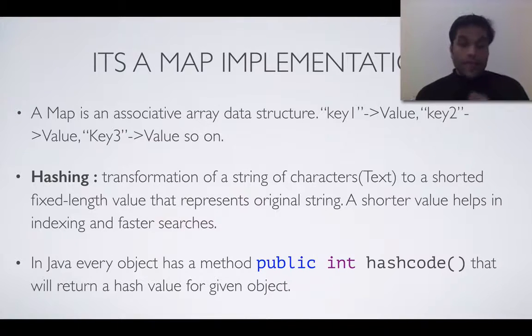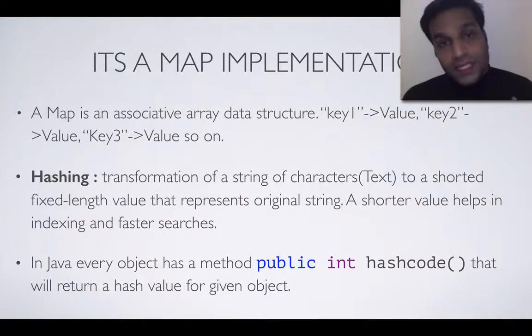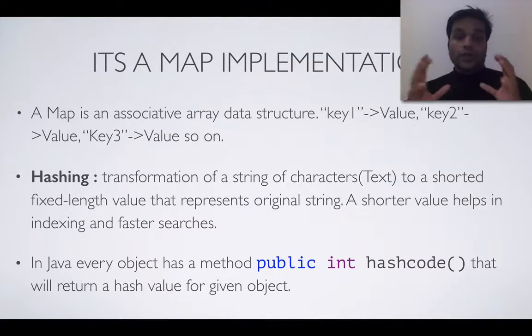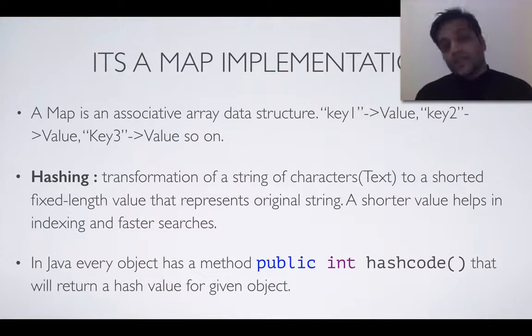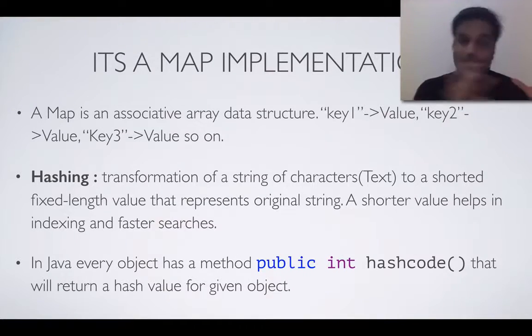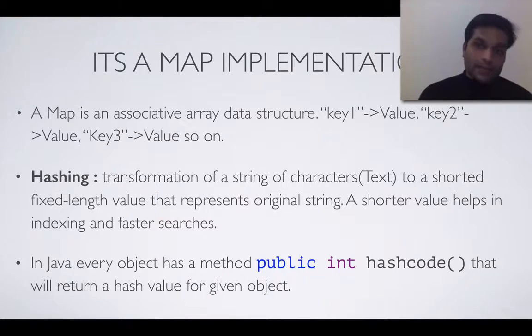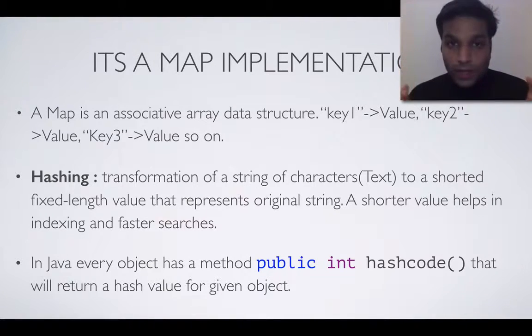So let's see them. In Java, as you know, each and every object has a hash code method available. That hash code method is supposed to return the hash of the object. For example, if you call the hash code API on a string, you will get an integer back. And there is an equals and hash code contract that exists in Java. That basically goes like this: if two objects are equal, they should have the same hash code as well.